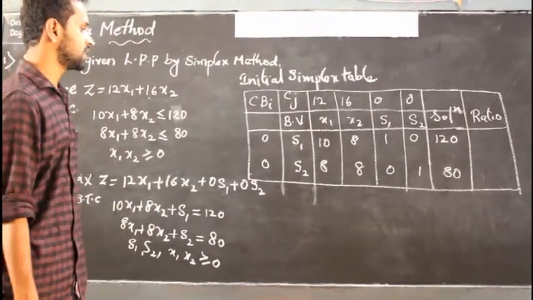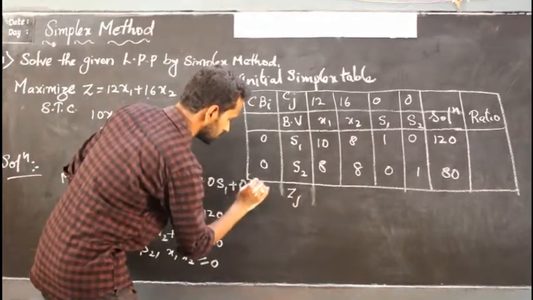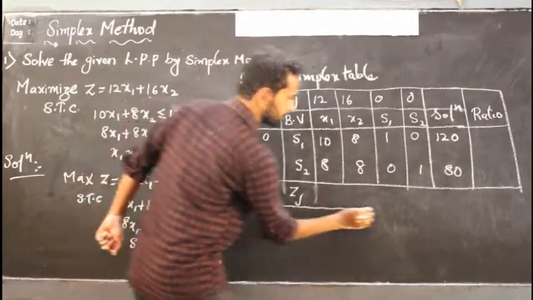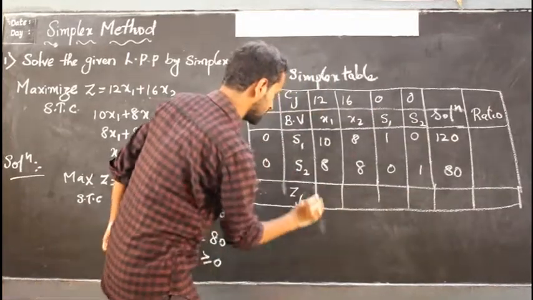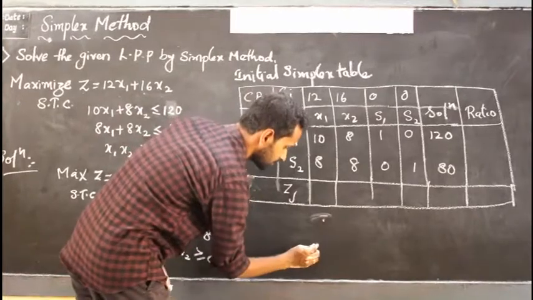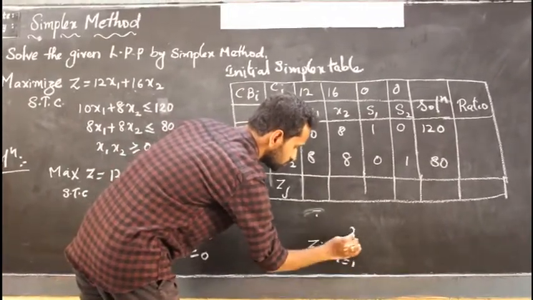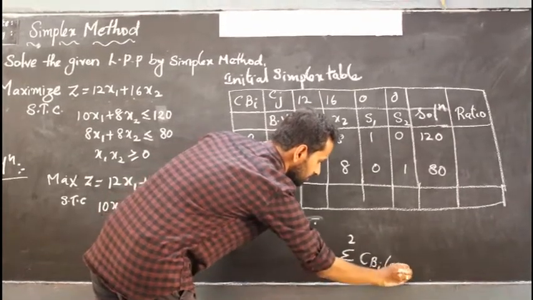Now I need to find Zj. We have a Zj formula: Zj equals the summation, i equal to 1 to 2, of CBi into Aij.